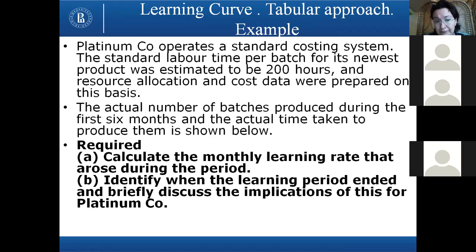Then we have the required questions. And what are required? Calculate the monthly learning rate and identify when the learning period ended. And we are also required to discuss the implications of this situation for the Platinum company.